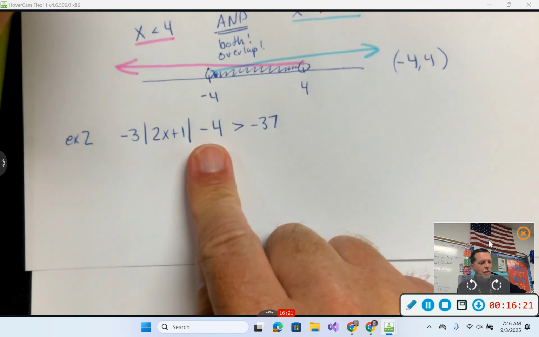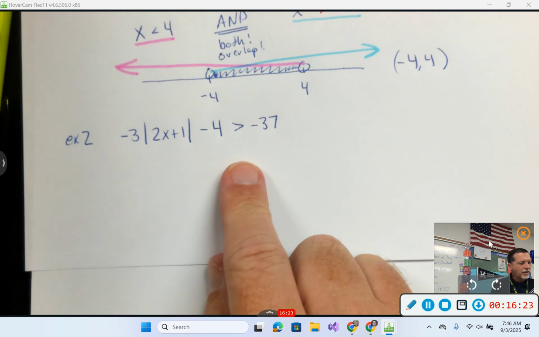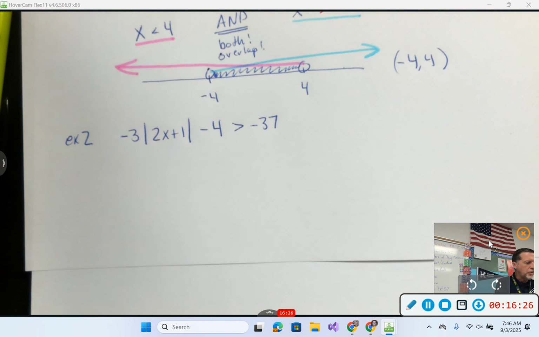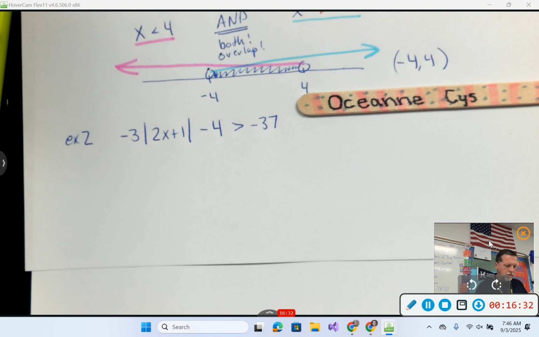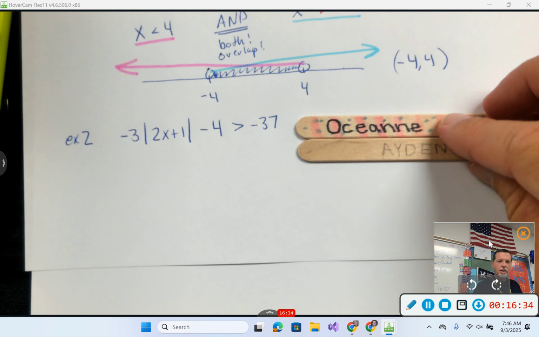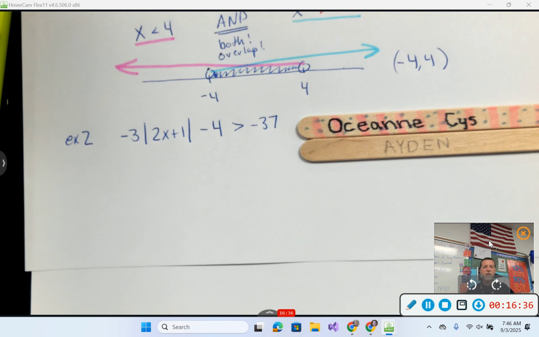So let's get the absolute value thing by itself. That I don't mind calling on people for, because we've done that plenty of times. It looks to me like there's two things I need to do to get the absolute value thing by itself. So, Ocean, what should we do first? I would add 4.